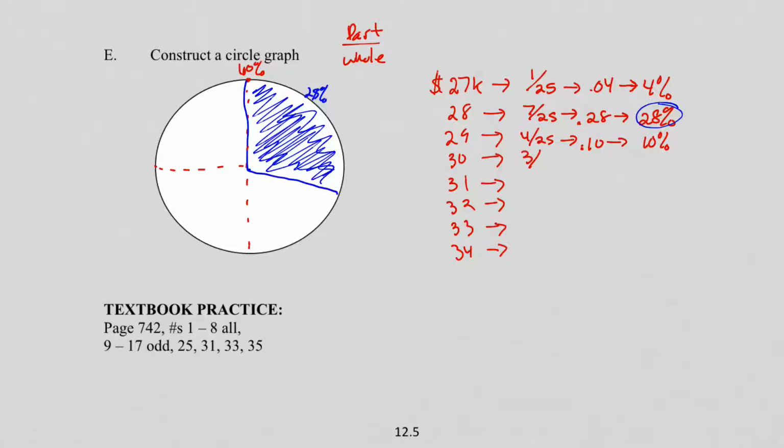So we have 3 out of 25. We have 2 out of 25, which is 0.08, which is 8%. We have 3 out of 25, again another 12%.